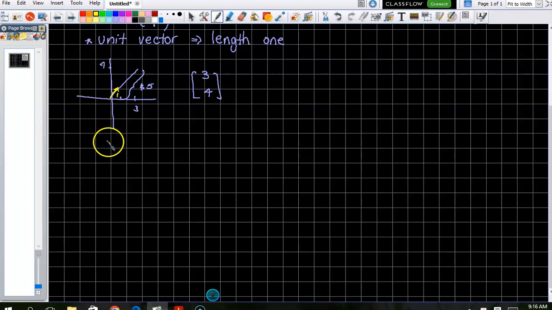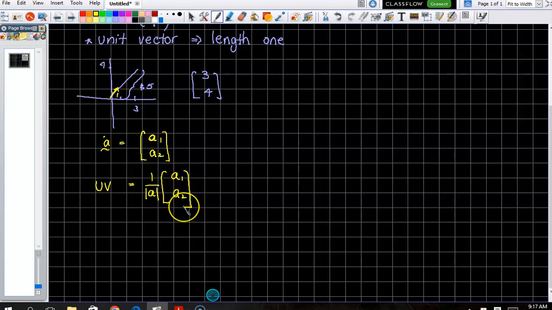So if we have, let's say, vector a, and we'll call that (a1, a2), then the unit vector in the same direction as a will be 1 over the length of a, times (a1, a2). Is this coming back to you a little bit? Okay, you might be thinking, why is she doing all of this? Well, I'll tell you in a minute.